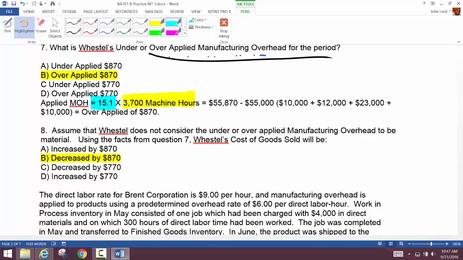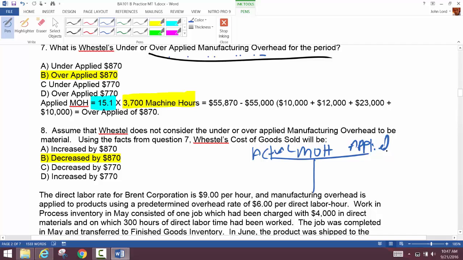If I'm looking at the actual versus the applied, if I was teeing up my manufacturing overhead, actual, applied, the actual is how much? 55,000 is the actual.